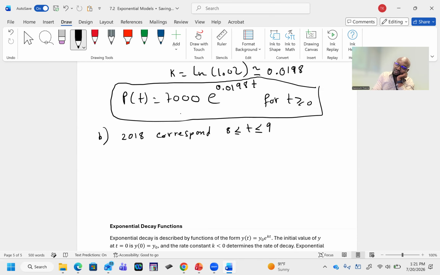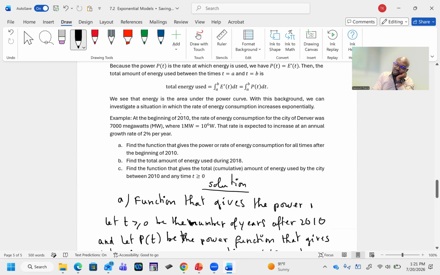So then we will use the total energy used.